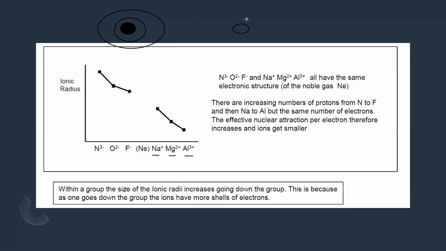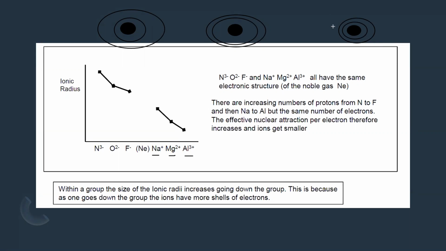Magnesium ion has 12 protons and 8 electrons in the outermost shell, whereas aluminum has 13 protons and 8 electrons in the second shell.